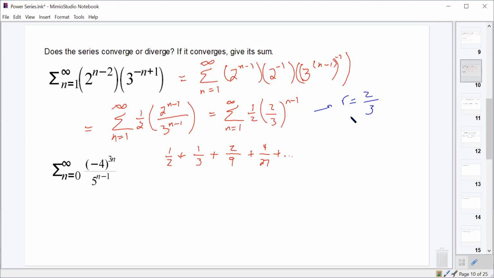Our first term is 1/2. So this should be 1/2 divided by 1 minus 2/3, or 1/2 divided by 1/3, which is 3/2.